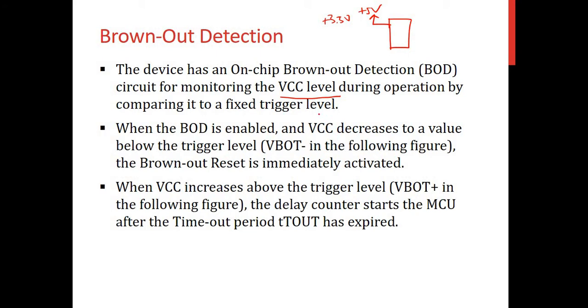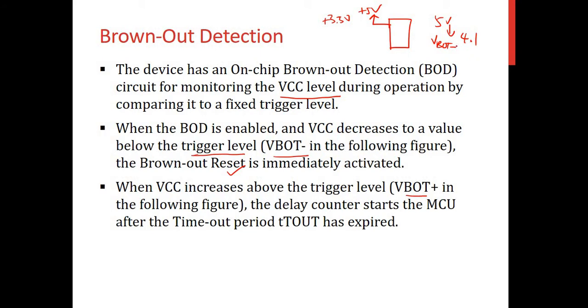And so what we do is, when the brownout detection is enabled, and if we see that the VCC decreases, that means from 5 volts it decreases to a value below the trigger level. The trigger level is sort of a hysteresis curve because we have a VBOT minus and a VBOT plus. So if I drop below the VBOT minus, say this is 4.1 volts, if I drop below 4.1 volts, then I will issue the brownout reset.